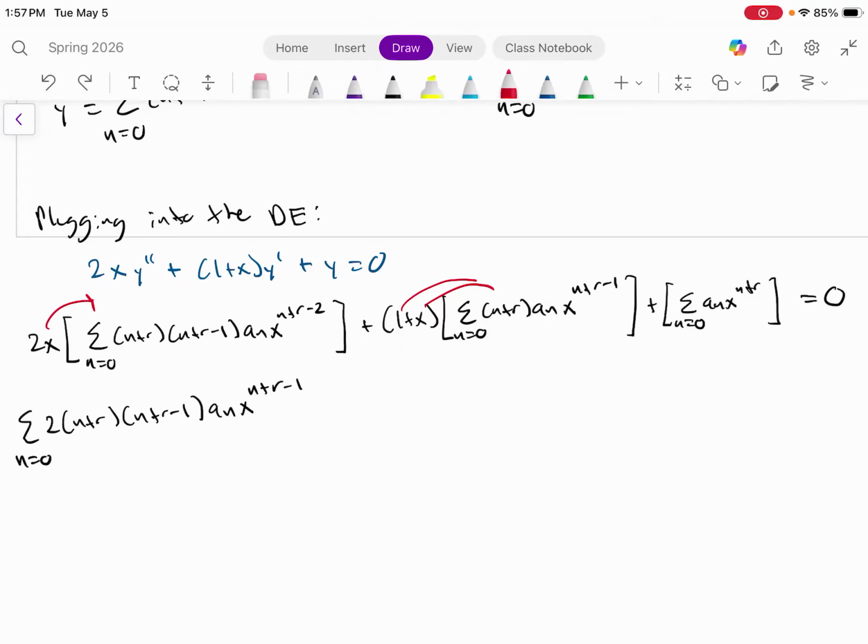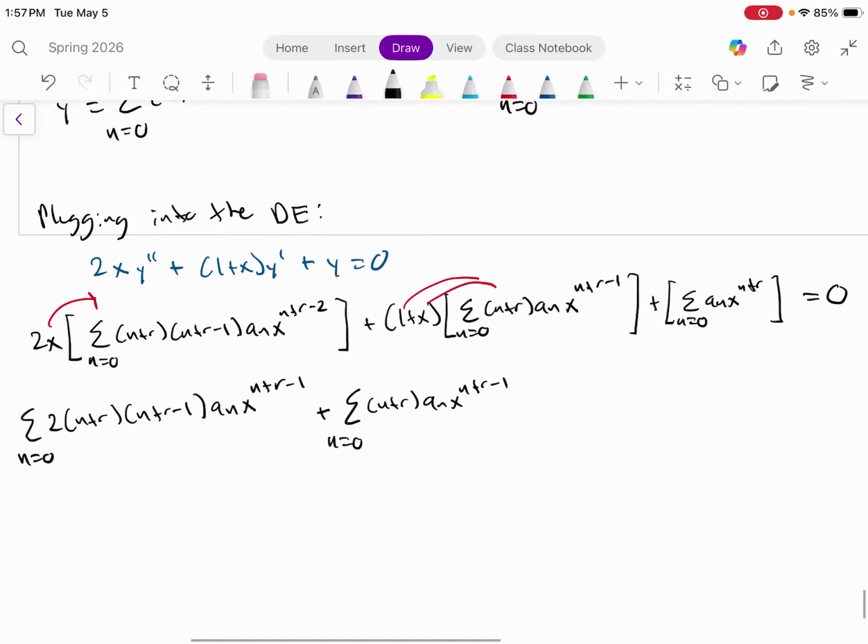Now we're going to distribute that 1 plus x to that power series, so we're going to get 2 terms out of that. 1 times the power series is just going to be itself, so this will be the power series n equals 0, n plus r, a sub n, x to the n plus r minus 1, the same exact thing, unchanged. But when I distribute in that x, what I'm going to pick up is n plus r, a sub n, x to the n plus r without the minus 1, because if I distribute that power, it'll be like negative 1 plus 1, which makes it 0.